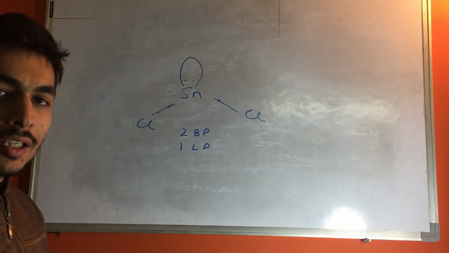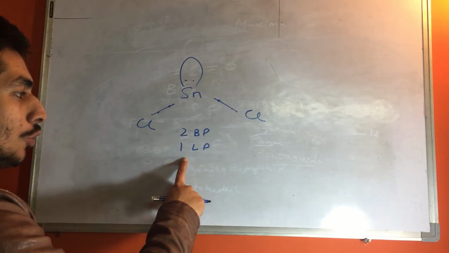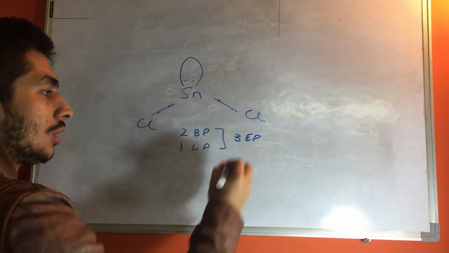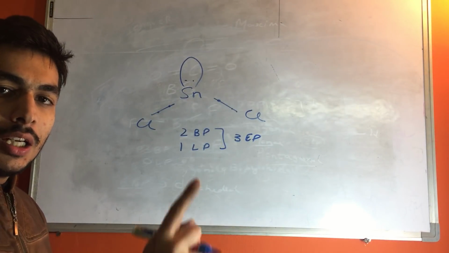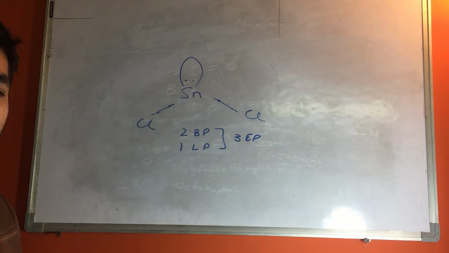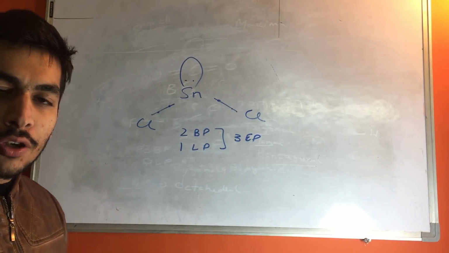So the number of bonds that a compound has is equal to the bond pairs. Now this in total has 3 electron pairs, so the molecular geometry of this compound is trigonal planar.